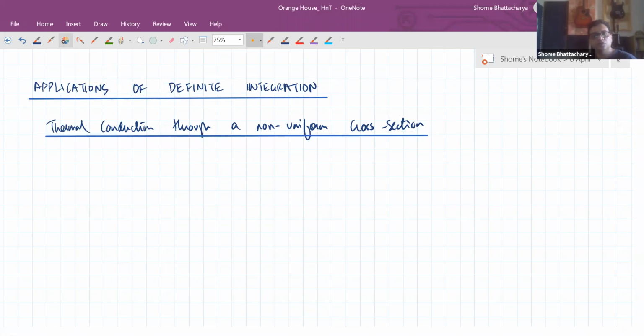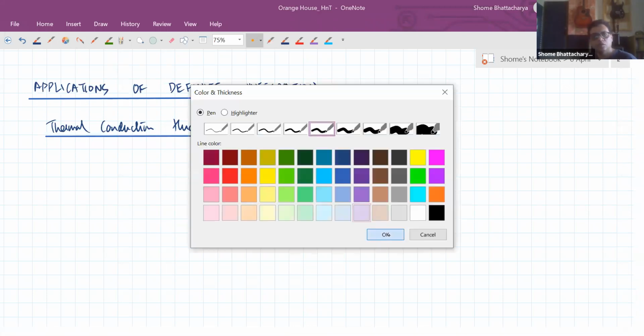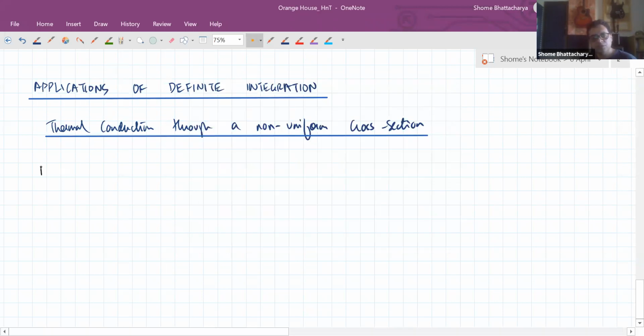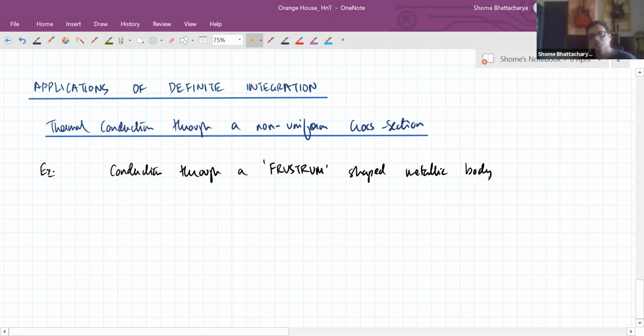So the first and most direct obvious example of this is conduction through a frustum shaped conductor. So what is a frustum? It is a section of a cone. We take a cone and cut a section of it.